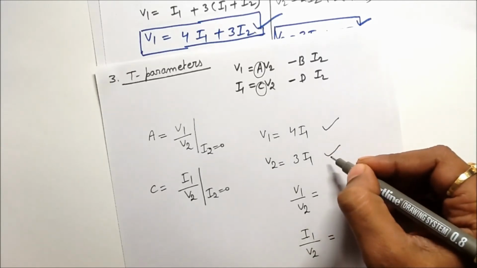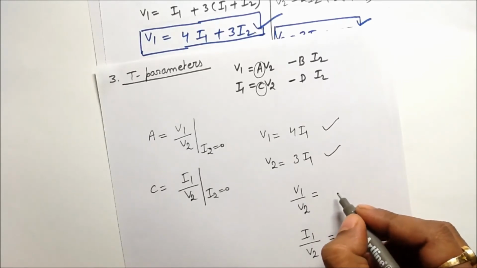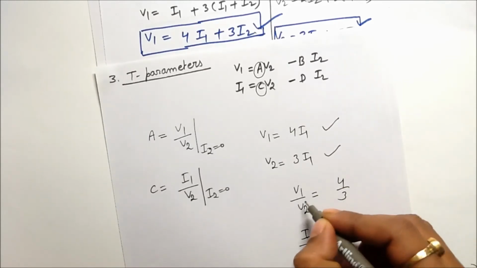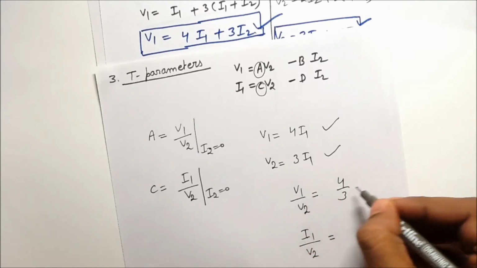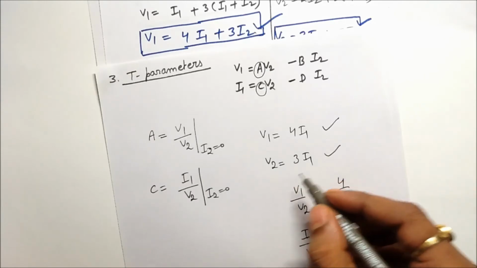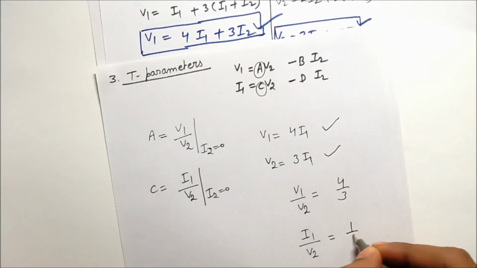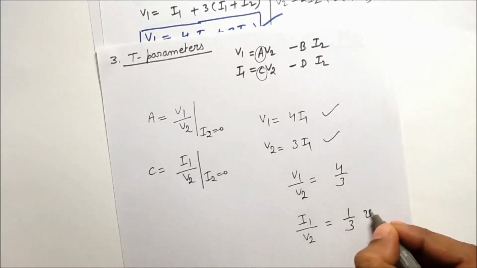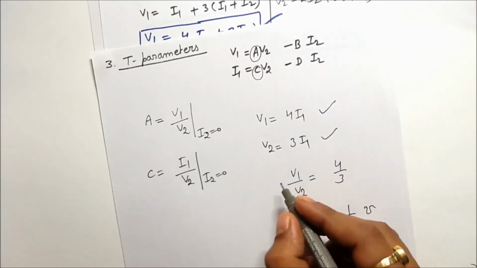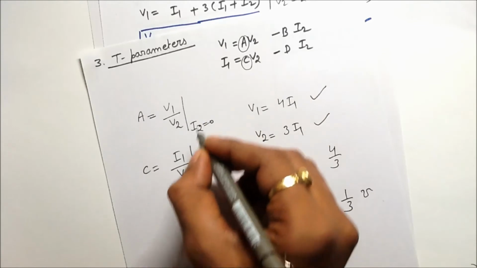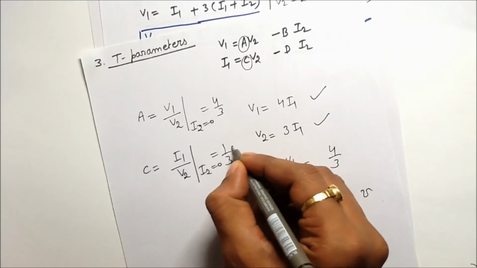You can easily find out the ratio of V1 upon V2, and that will be 4 upon 3, and this is the ratio of voltage and voltage, so this will be unitless. You can also find out the value of I1 upon V2, and it will be 1 upon 3, and the unit will be mho. So the value of A equals 4 upon 3, and the value of C equals 1 upon 3.